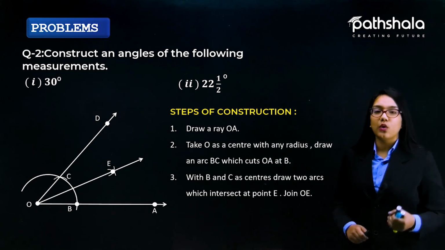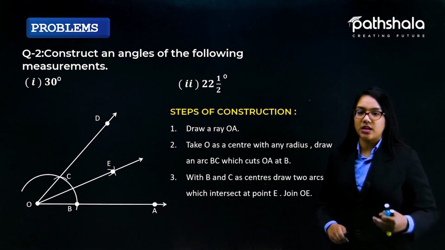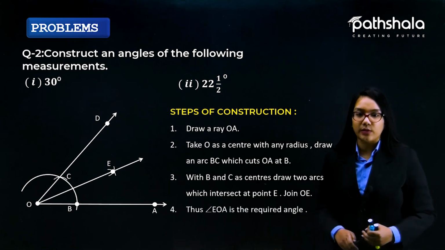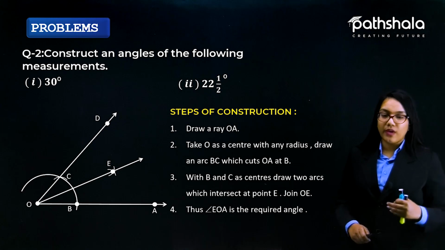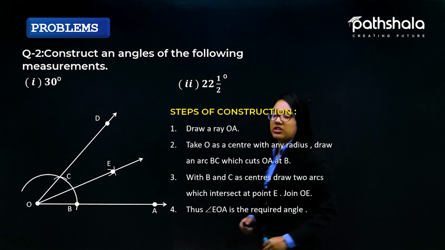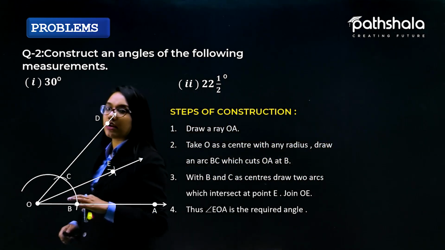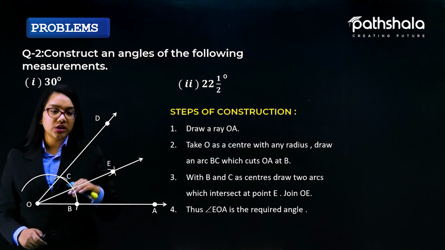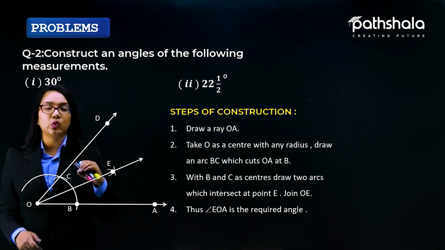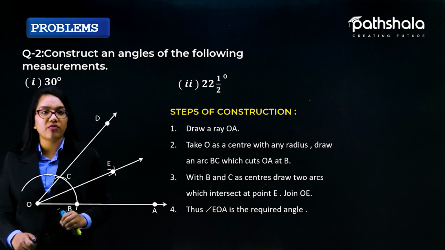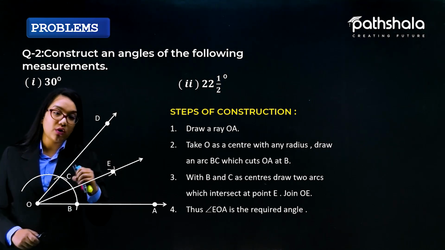This EOA is the required angle, which is 30 degrees. So this is all about the construction of the angle of measure 30 degrees.